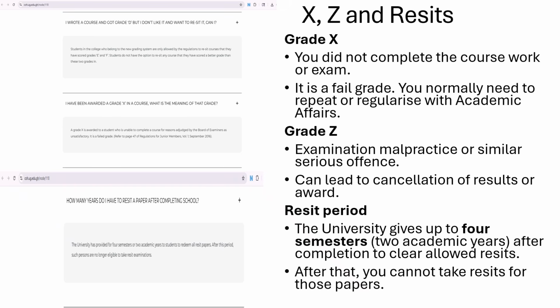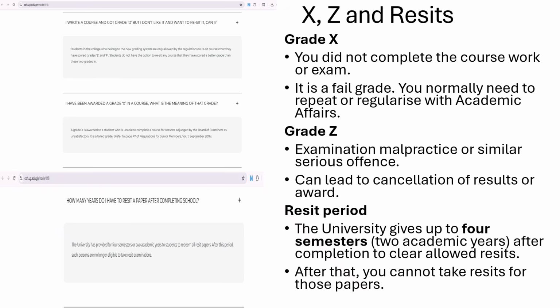So, I've been awarded a grade X in a course. What is the meaning of that? At the University of Ghana, a grade X is given to a student who was not able to complete a course for a reason that has been judged unsatisfactory by the board of examiners.